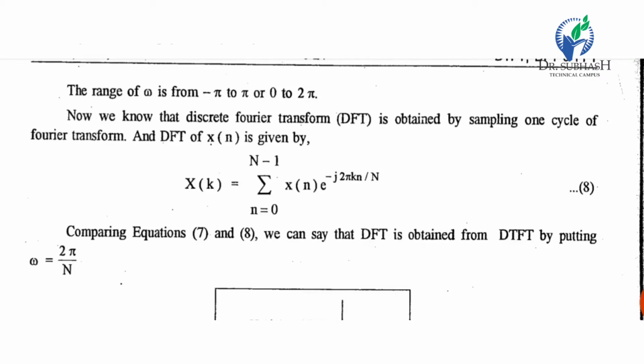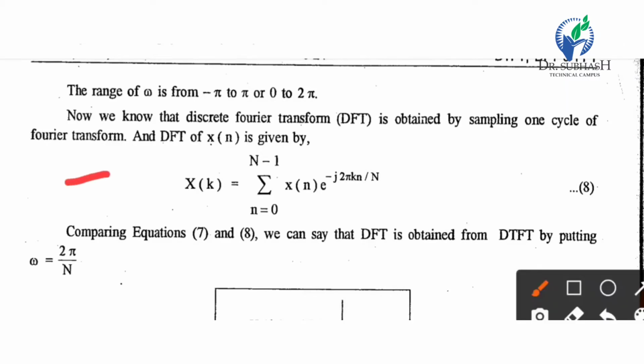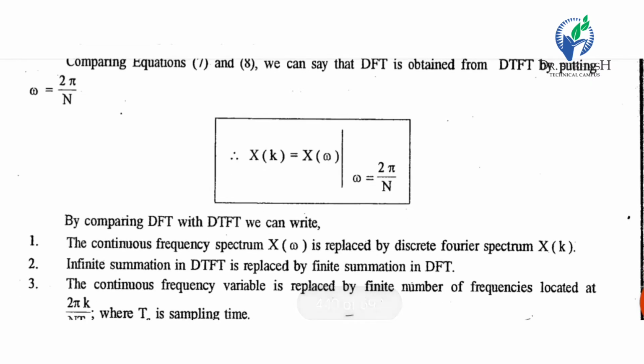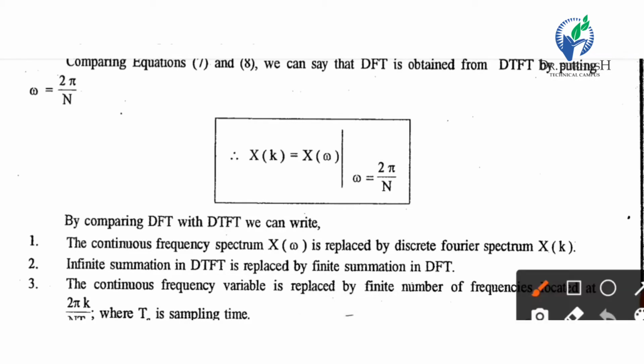Now we know that the discrete Fourier transform is obtained by sampling one cycle of the Fourier transform, and the DFT of x of n is given by X of k equal to summation n equal to 0 to capital N minus 1 x of n e raised to minus j 2 pi k n upon capital N. So comparing both equations of DFT and DTFT by putting omega equal to 2 pi upon N, whenever we put omega equal to 2 pi by N, X of k equal to X of omega.